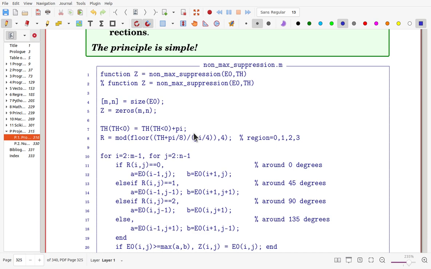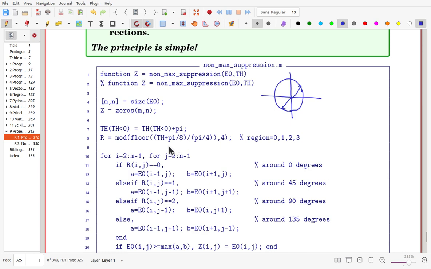I already explained it: the theta value is from minus pi to pi. Once it is negative, pi is added, and this gives the opposite direction. As far as we are considering the edge normal direction, it can be either this direction or that direction. It doesn't matter. So we add pi to consider the opposite direction.